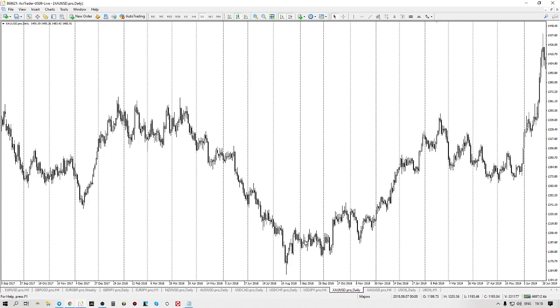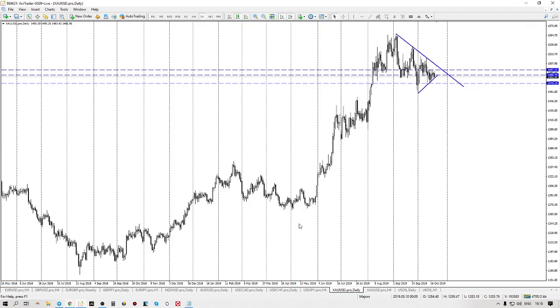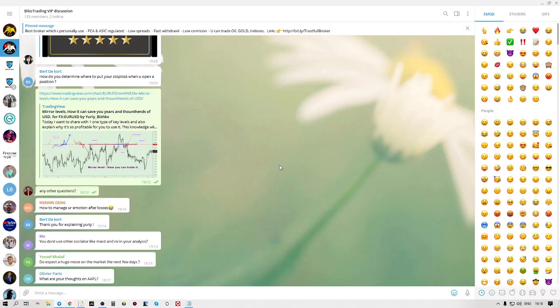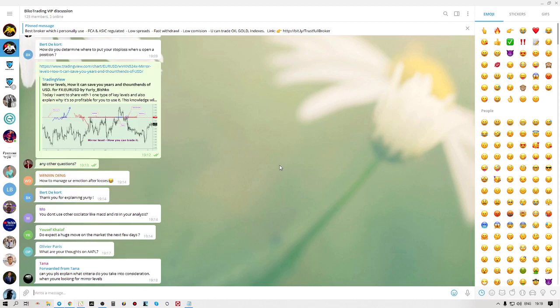Another example, here you could think that price started a new trend, but after that price was in a range for one month. You never know whether price will rise, drop dramatically, or stay in a range. What you can do as a trader is pick the best place with low risk and great reward. You can choose what risk to put in a position. That's what you can do as a trader. You cannot do anything else.